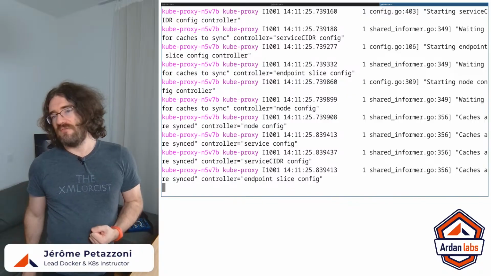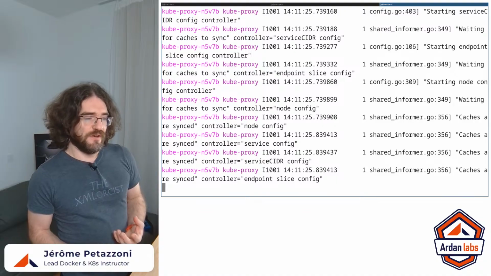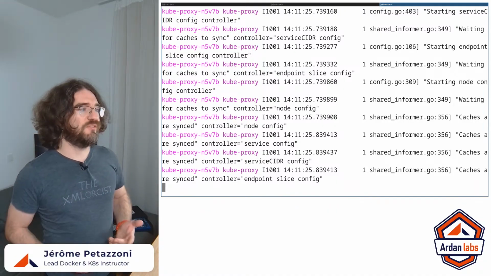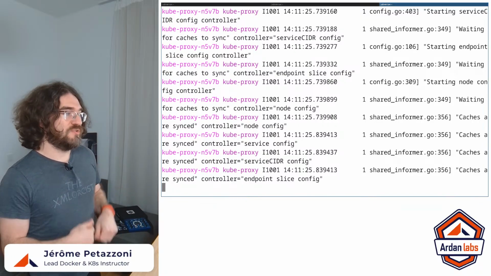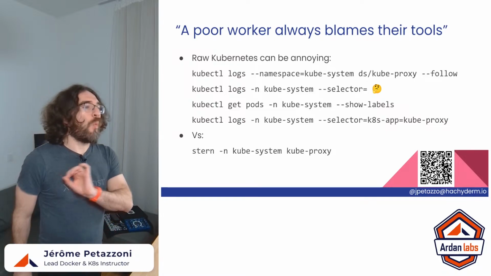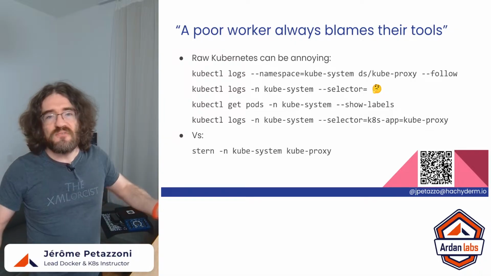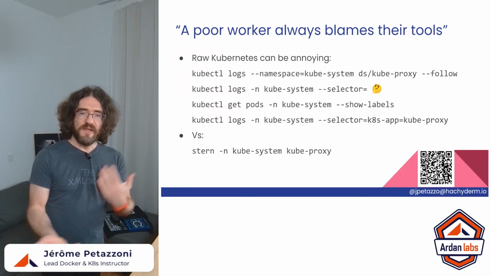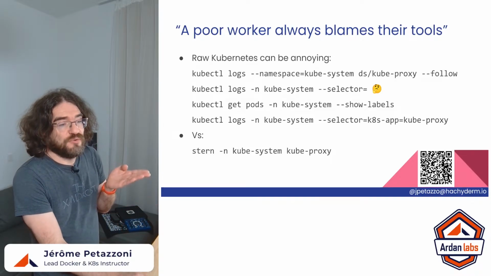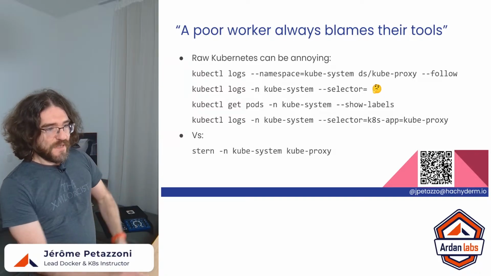One of the advantages of Stern is that if some of these pods bounce, like if they get deleted, recreated, or there is a rolling update, Stern is going to detect that and keep showing me the logs. So that was one little example of a very simple, common operation, viewing the logs of a daemon set, showing how if we have the right tool, it's going to be so much easier.